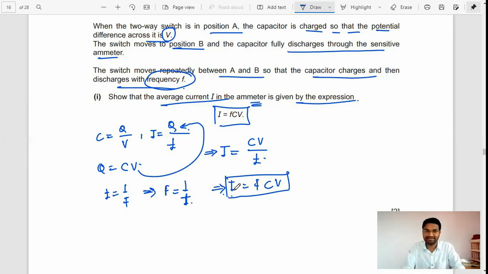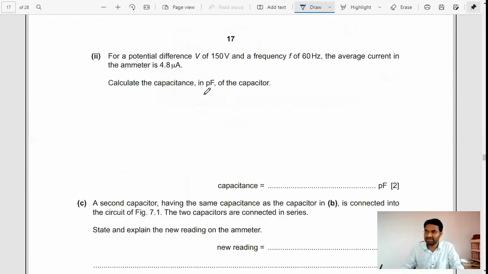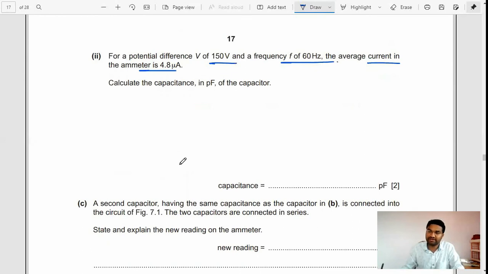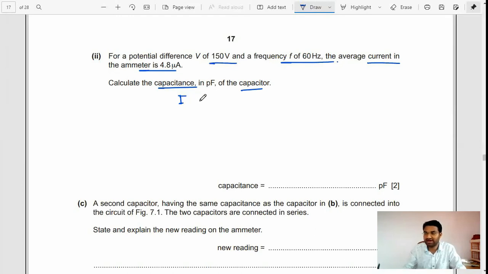Okay, that's it. Then next, what's the third sub question? The potential difference V is 150 volt and frequency is 60 hertz. Average current in the ammeter is 4.8 microampere. Calculate the capacitance of the capacitor. So here we have to calculate the capacitance, we have the relation I is equal to F times C times V, right?